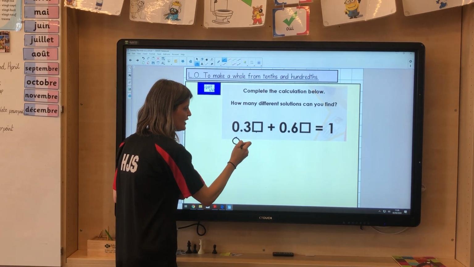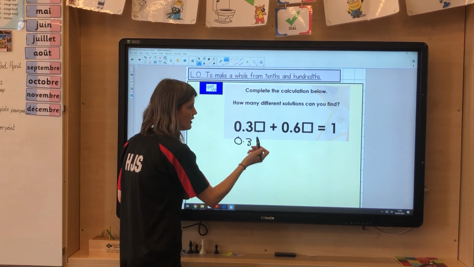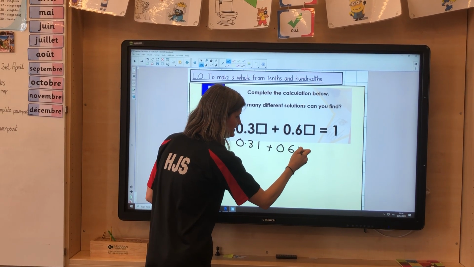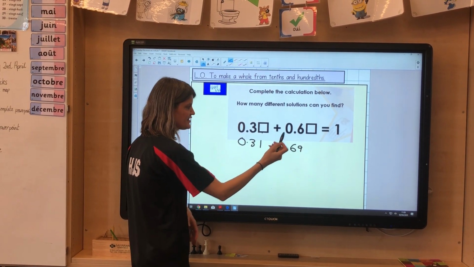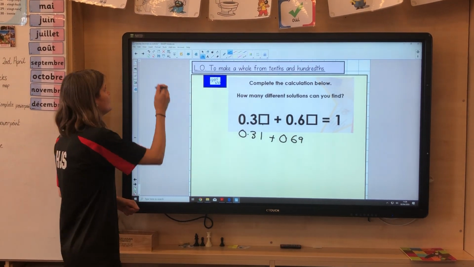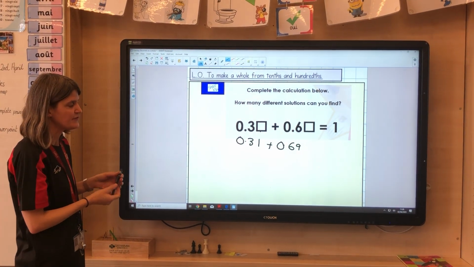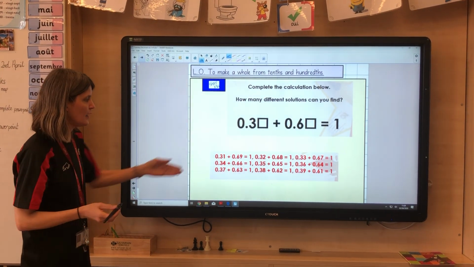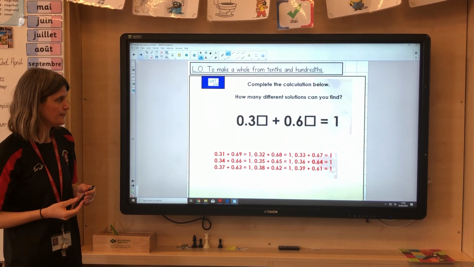So for example, if I was to place a 1 here, and 9 has got to go here, because 9 add 1 is 10, and so that would take me to the total of 1. Pause the tape, have a go and see how many different solutions you can find. And those are your solutions down here.